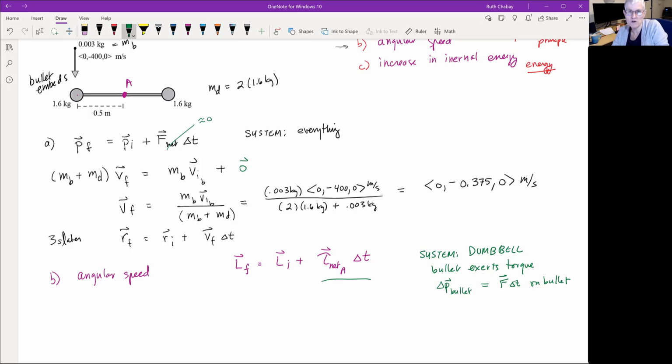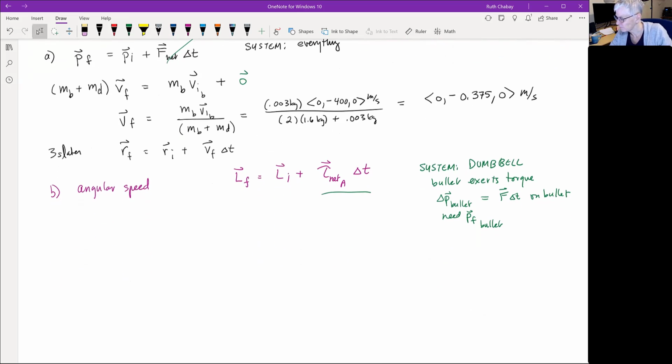So we actually could do it that way. We need to know p final of the bullet, which is, we know the velocity of the center of mass, so that's almost p final of the bullet, but it isn't quite because this thing is spinning, so we need to know that also. So it would work to do it that way. And you can actually work this out this way.